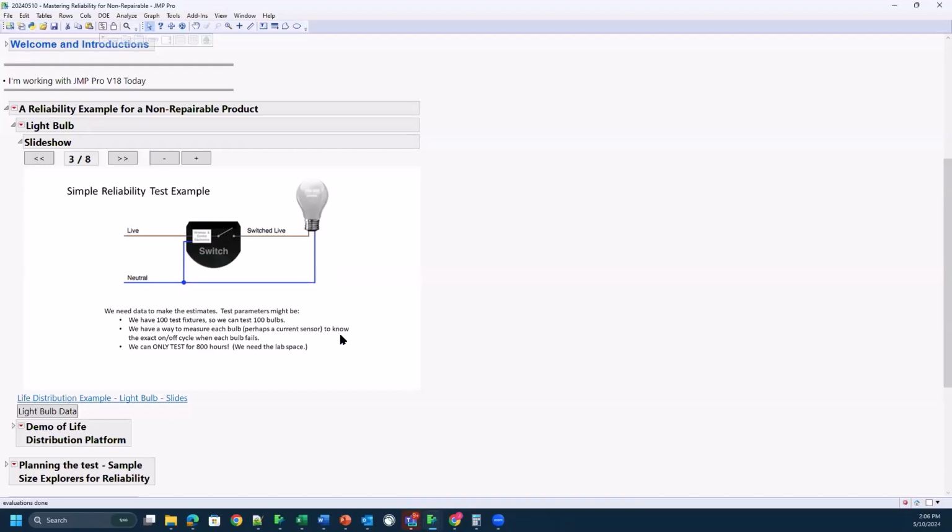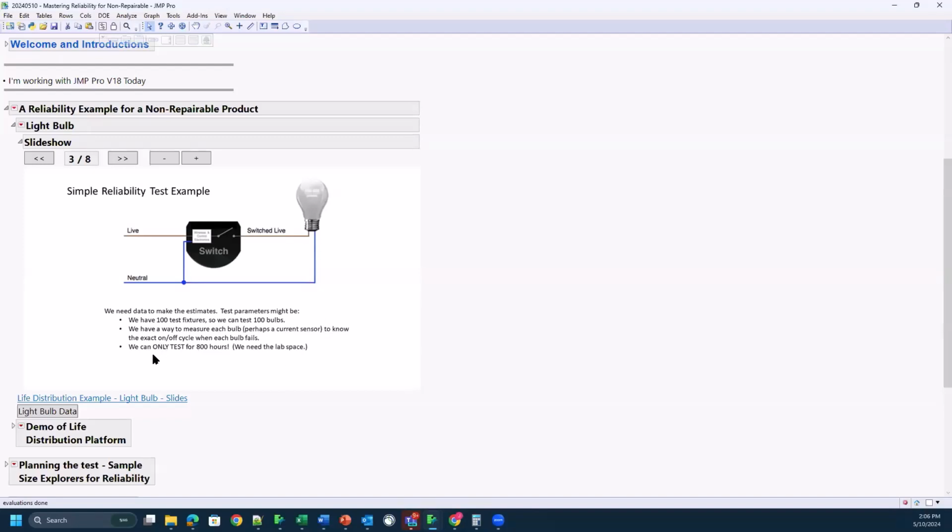Maybe it's a current sensor, whatever that might be. We're not worried about that too much, but we have a way to count how many closures of the switch are applied to each bulb. And if the bulb does not turn on, if it burns out for whatever reason, we know what that count is for each individual bulb.